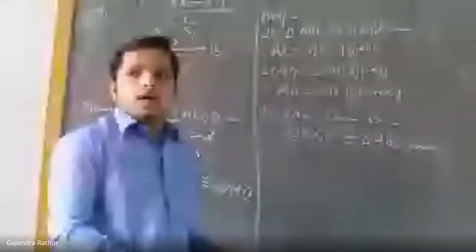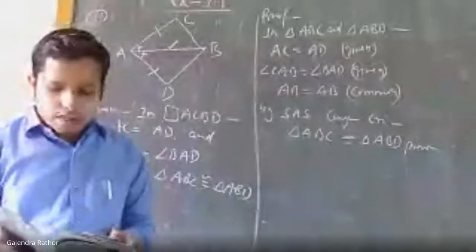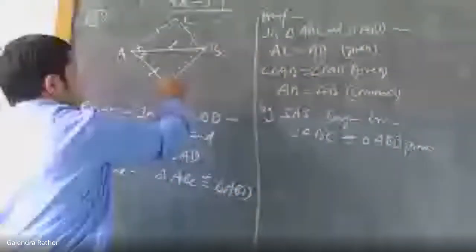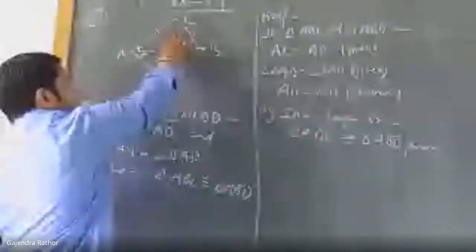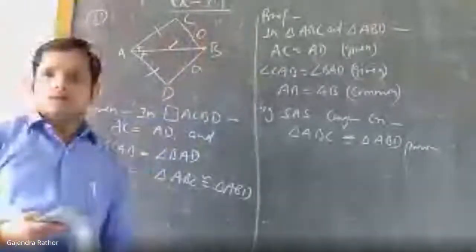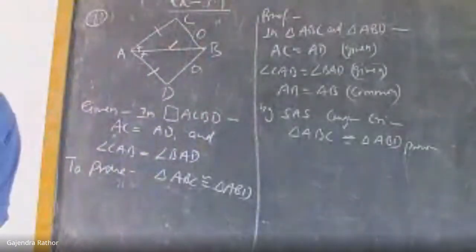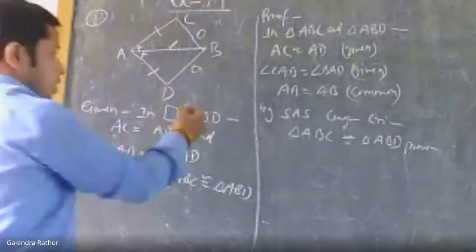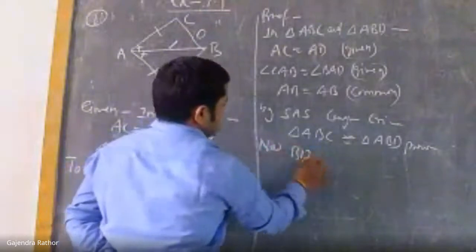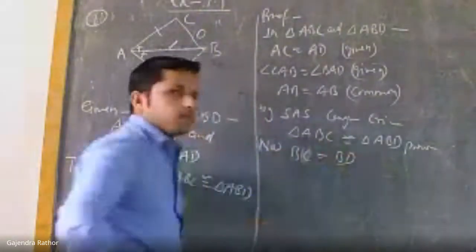Now the next part of this question: what can you say about BC and BD? This side is equal to this side, it is common. Now what about BC and BD? Anybody say? Why is BC equal to BD? BC is equal to BD.